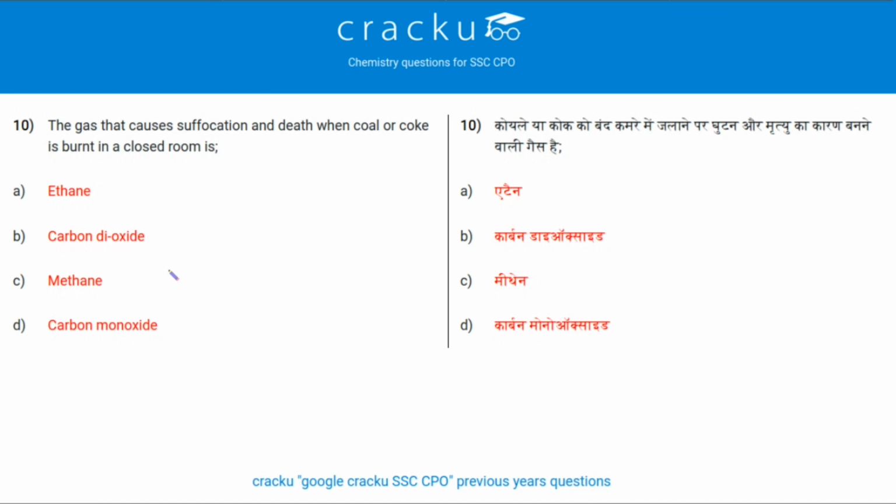Next question. The gas that causes suffocation and death when coal or coke is burnt in a closed room. Okay, when coal and coke are burnt in a closed room, it forms carbon monoxide, and carbon monoxide is a gas that prevents oxygen in our body from combining with hemoglobin, and instead it combines itself with hemoglobin to form carboxyhemoglobin, which is stable.